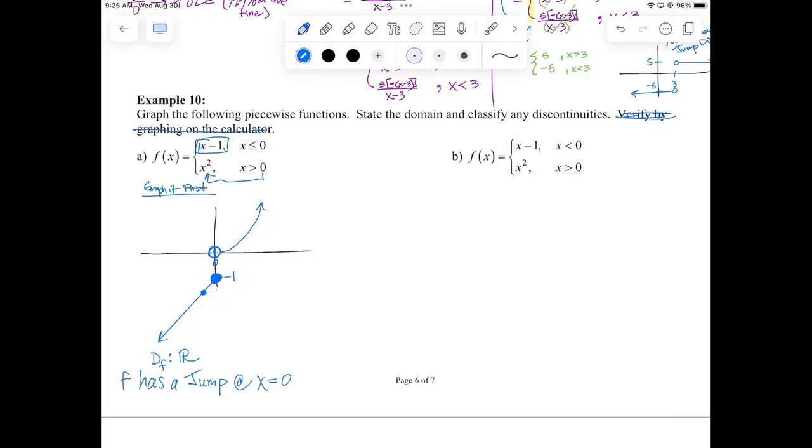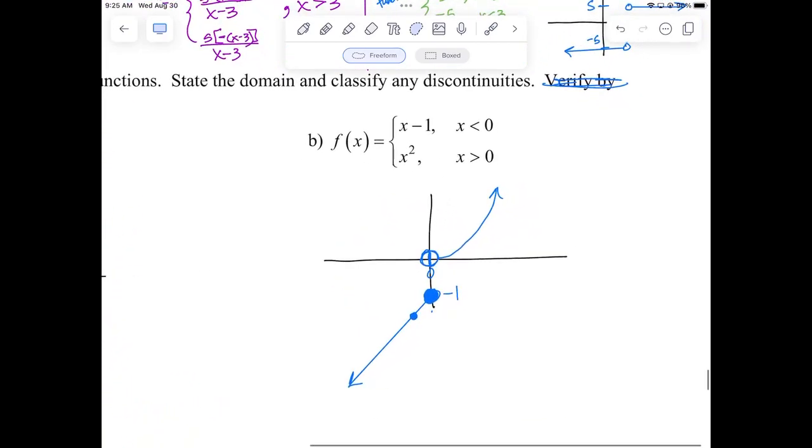Okay, let's look at letter B. It's another piecewise function, right? You see the open brace? What do you notice about that one and part A? They're the same except there's no equal sign on the zero. So I can actually just do the same analysis and graph it brand new, or I can paste my graph from the previous one and modify it.